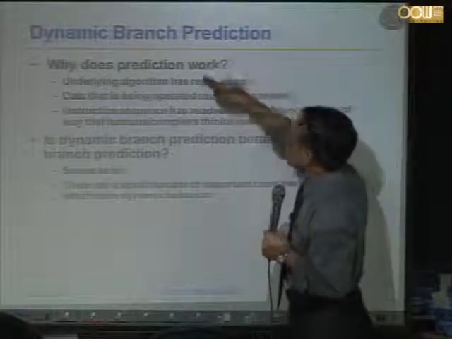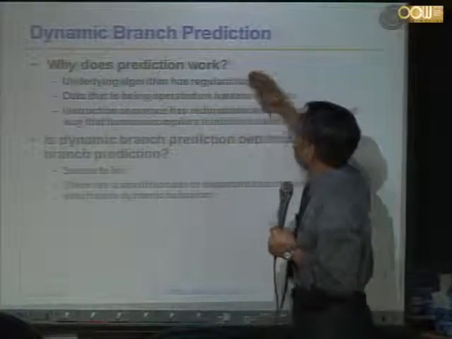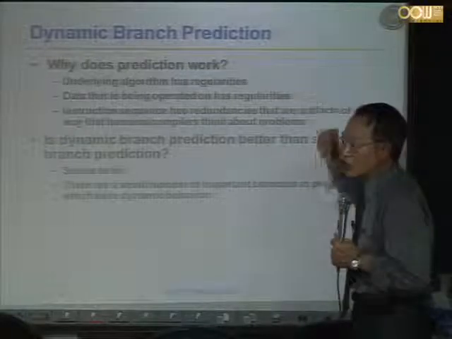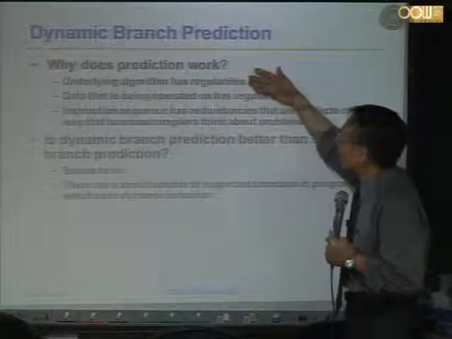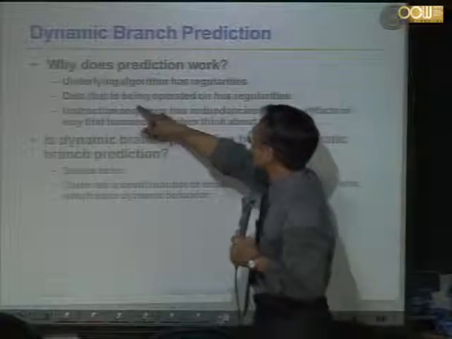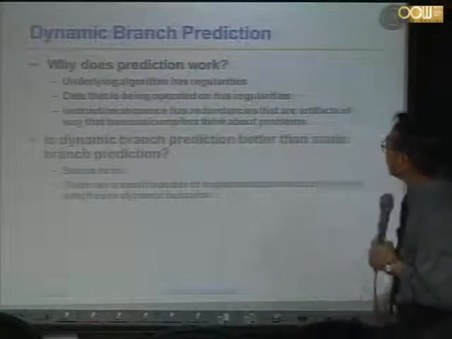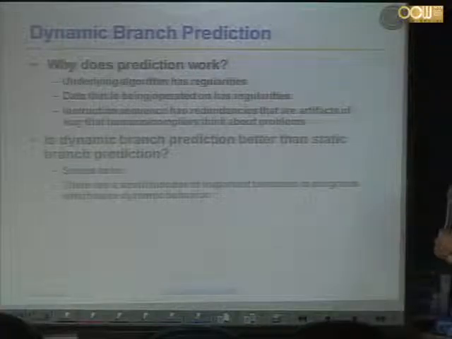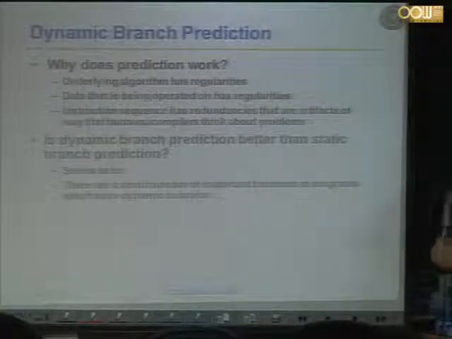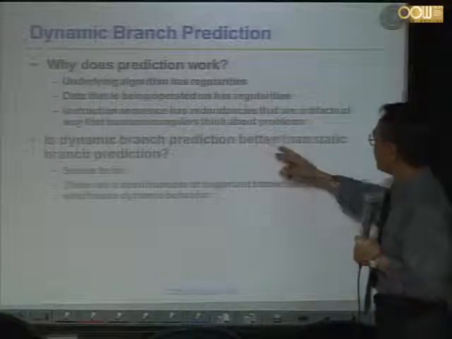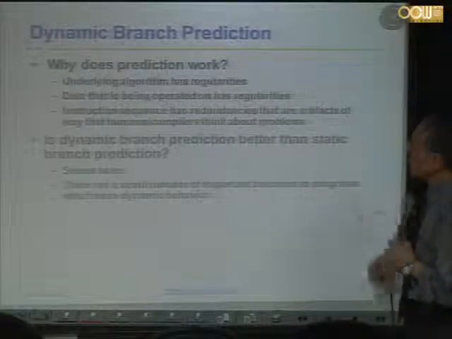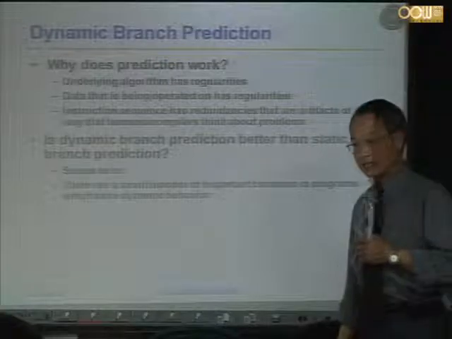So now you see, sometimes the underlying algorithm makes every instruction exhibit some regular behaviors, the data being operated on has regularities, and the instruction sequence has redundancies and artifacts of the way that human compilers think about problems. Is dynamic branch prediction better than static branch prediction? The answer is definitely yes.